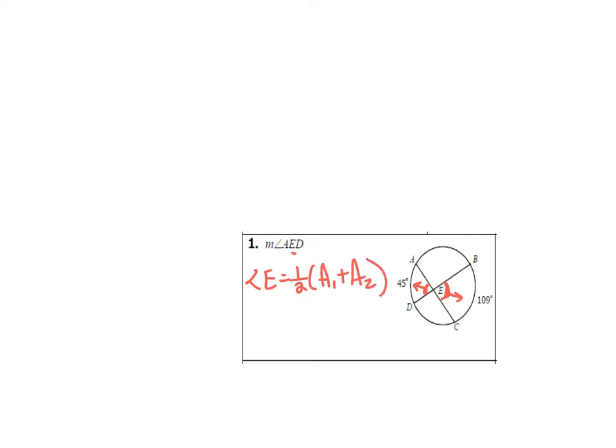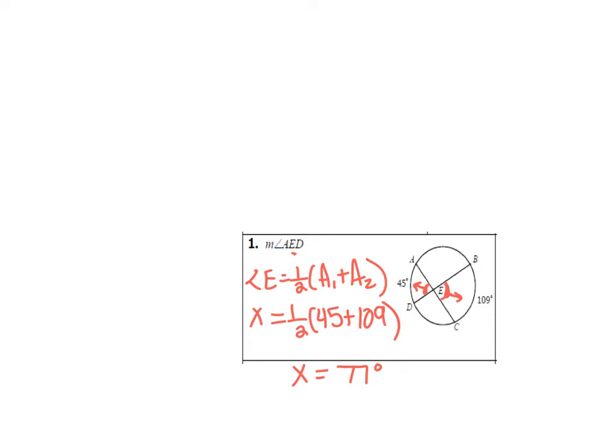So the angle, we don't know what it is, I'm going to call it variable x, is equal to half. Arc 1 is 45 and arc 2 is 109. Okay, and so what we get when we add 45 plus 109 and then divide it by 2, we find out that x is equal to 77 degrees.